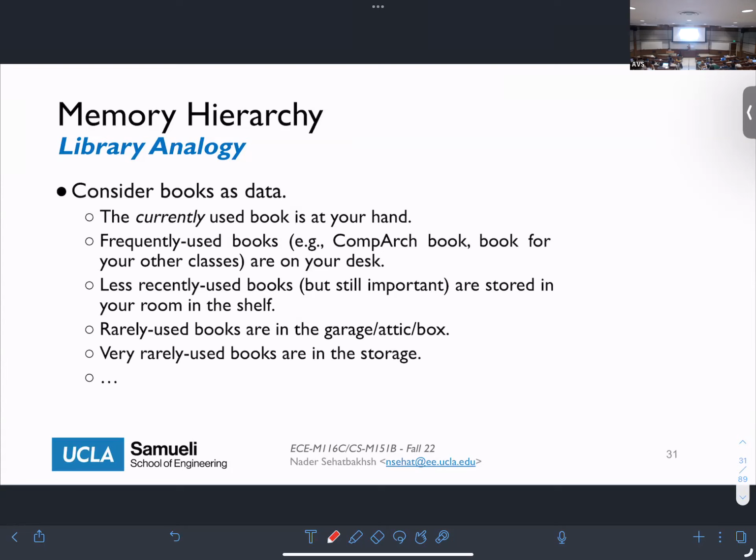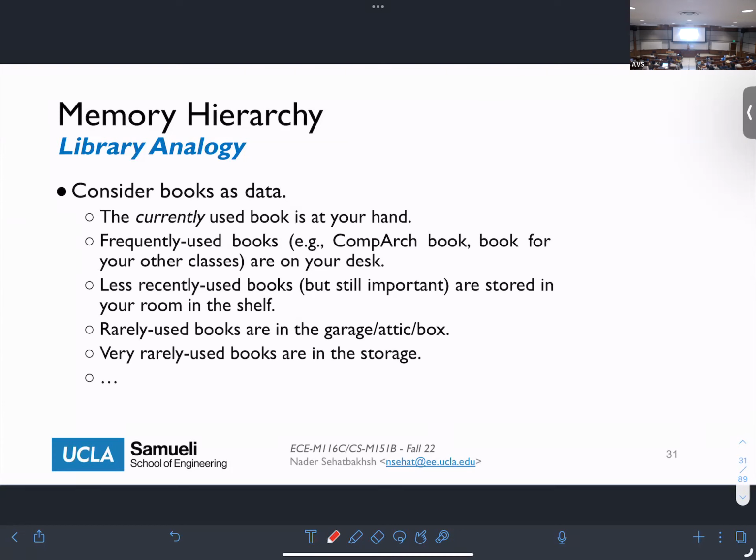But if you think about this hierarchy, starting from the book that you're reading, you have zero latency access to that book. You have a few seconds access to books that you have on your desk, maybe a minute for the books on your shelf, maybe 15 or 30 minutes for the books that you have in the attic, and maybe an hour or so for the library, and so on and so forth, right?